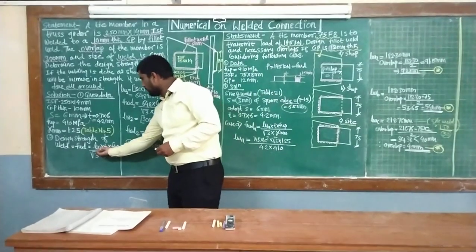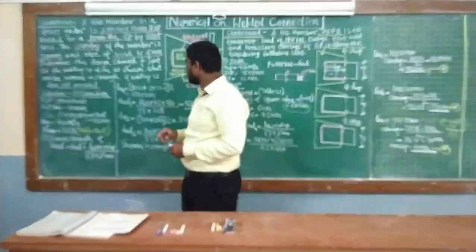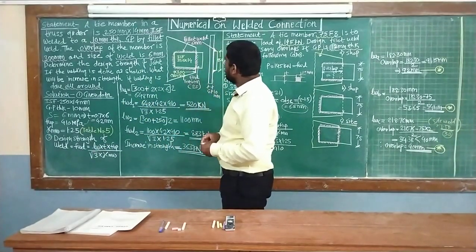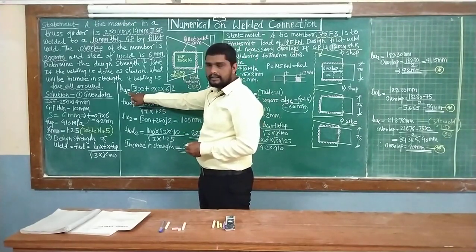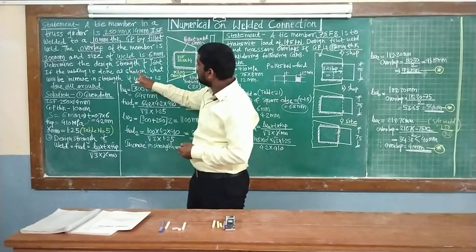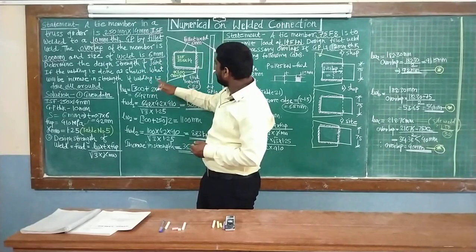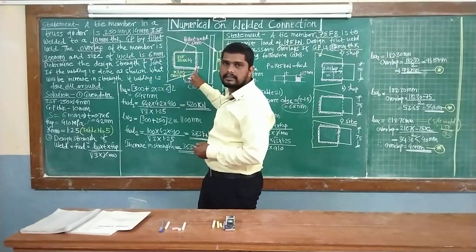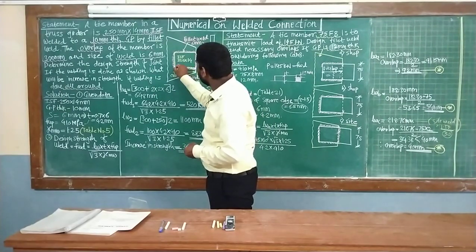Then for this particular problem, we first calculate the length of weld. The length of weld is 300 mm, given in the figure, that is the length of weld we have made on this side.